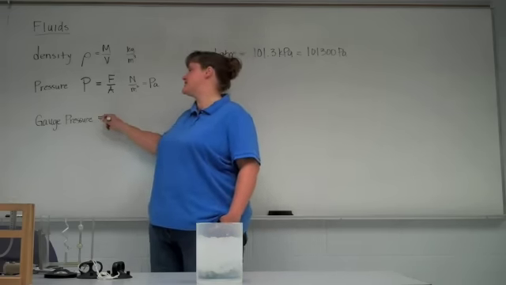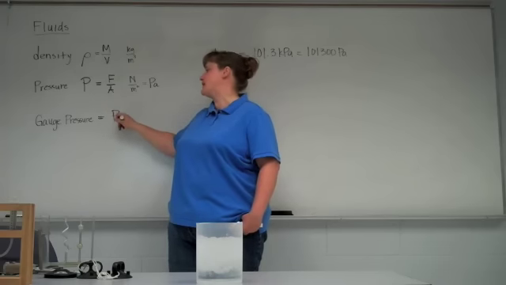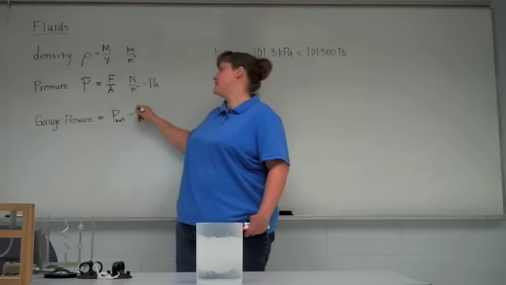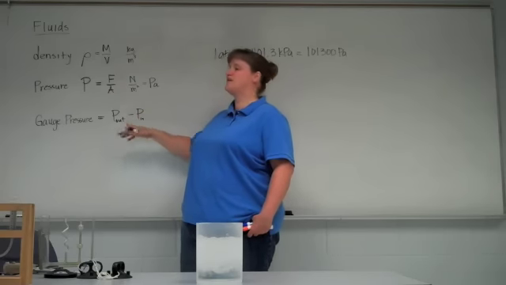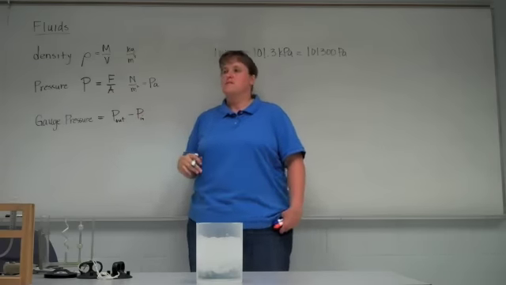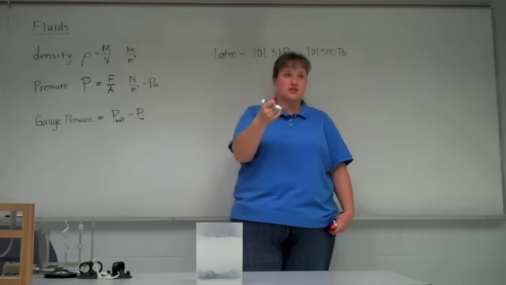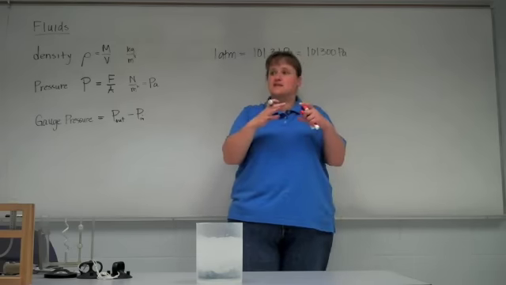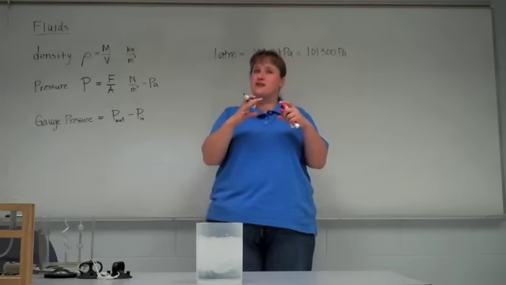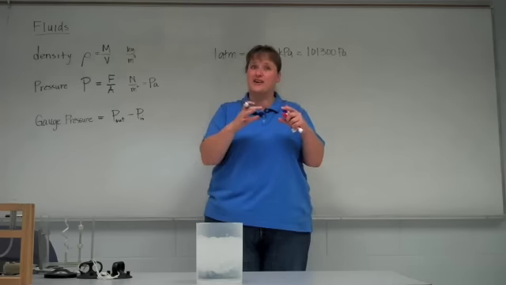Gauge pressure is the difference between the pressure outside minus the pressure inside, or vice versa. So when you put your little gauge on your tires, my tires are supposed to be 33 psi. That doesn't mean the absolute pressure inside my tire is 33 psi. That means the pressure inside of my tire is 33 psi higher than outside.